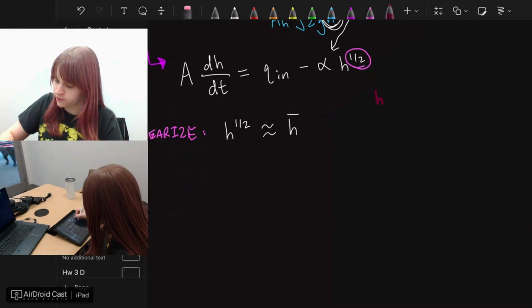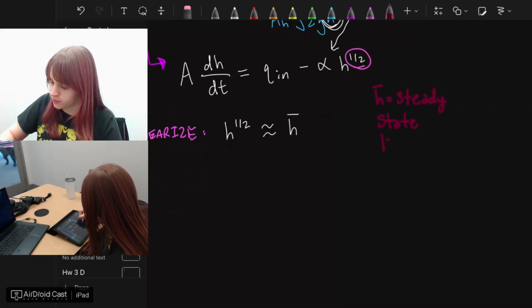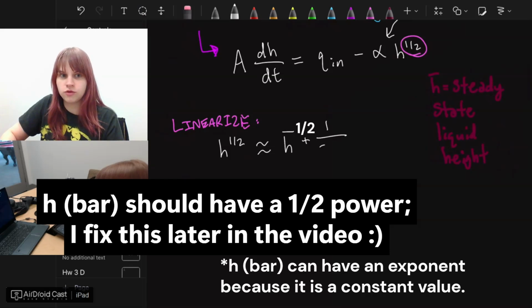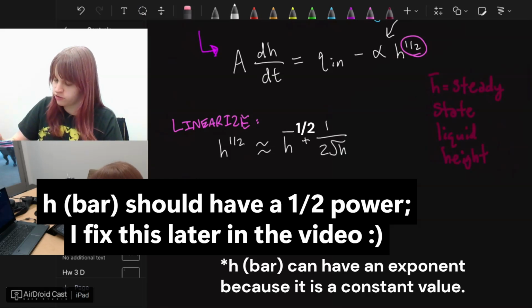H bar is the steady state height, or steady state liquid height specifically. We need to add 1 over 2 square root of h.